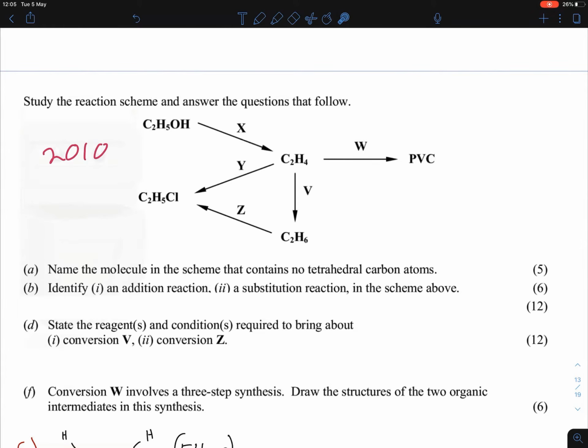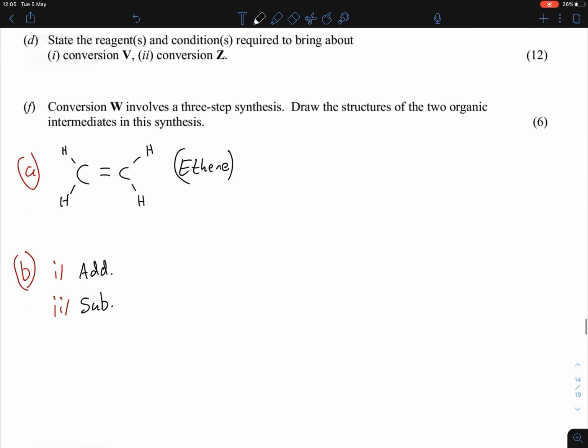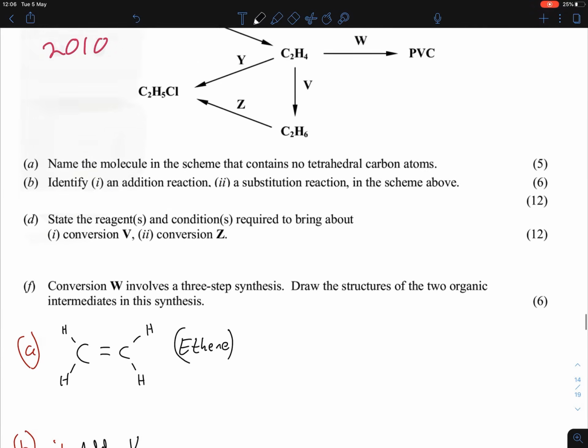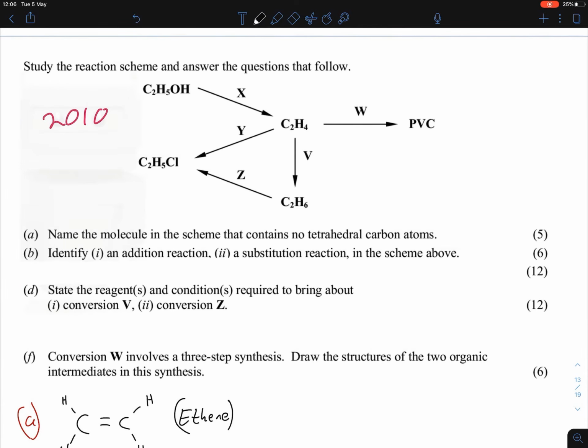So X is not going to be the answer. Let's look at V. We have 6 atoms over here, and over here we have 8 atoms. So V is going to be an addition reaction. So we know V is our addition reaction.